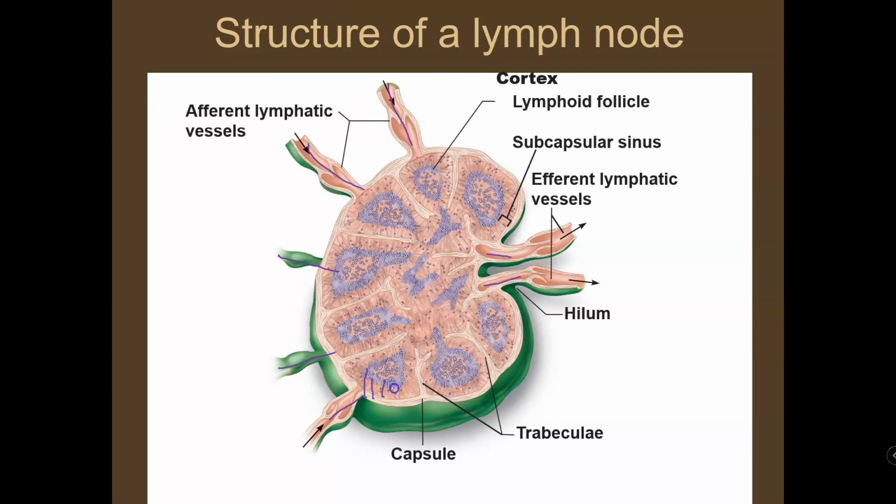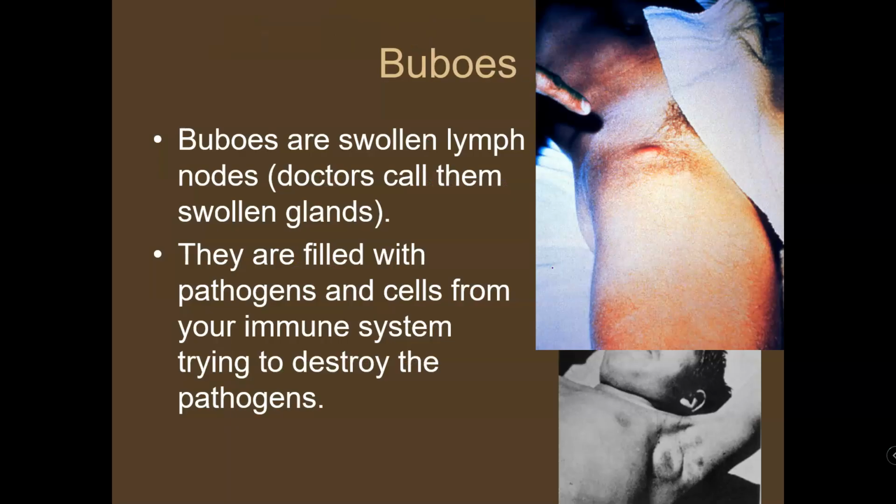As it's slowing down, all of these macrophages and neutrophils and lymphocytes and plasma cells and T cells and memory cells have a lot of time to process all of this lymph coming in, so that by the time the lymph finally gets to leave, most of the pathogens have been removed.